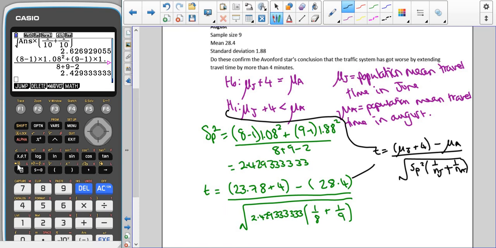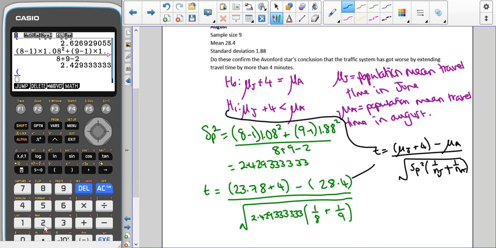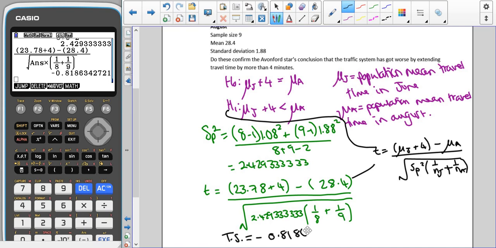So then we can put this into our calculator. So we've got a fraction: 23.78 plus 4 minus 28.4, divided by the square root of our Sp squared, which is our answer, times 1 over N1, which is 8, plus 1 over N2, which is 9, which gives us minus, so at this stage our test statistic is minus 0.8186342721.